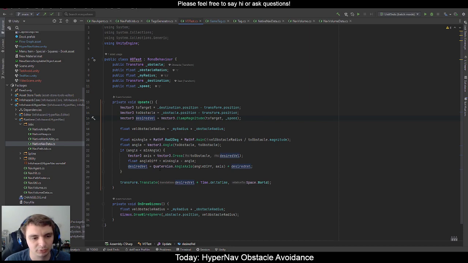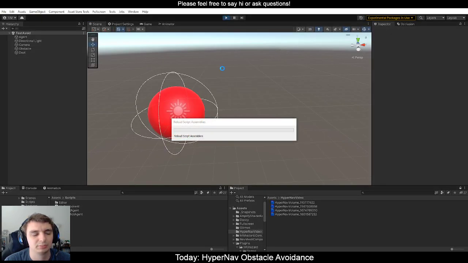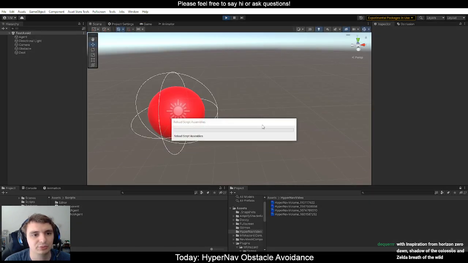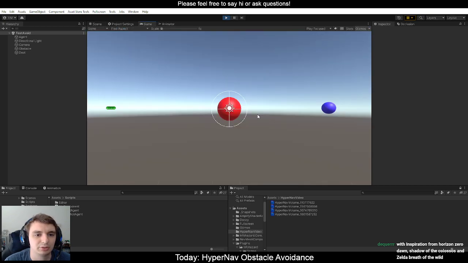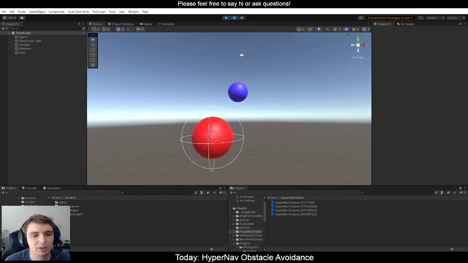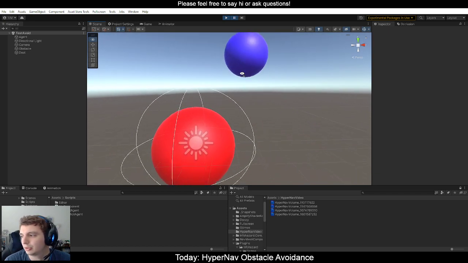Okay. Now let's try it. There we go. Okay, so it does seem to be reaching the destination, but it is avoiding it a little bit too much. You can see here, it seems to be avoiding it by approximately twice the amount that it needs to.